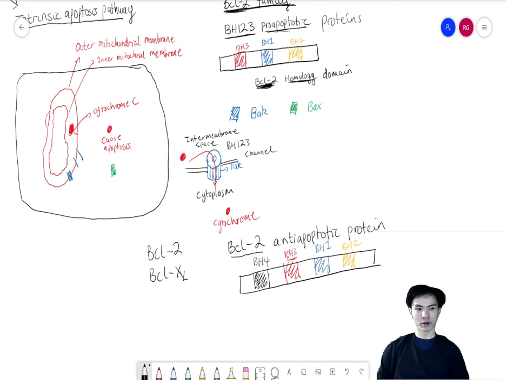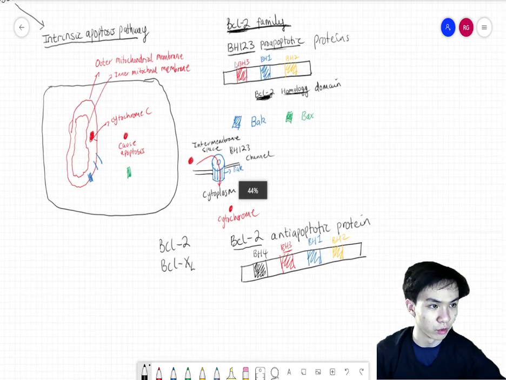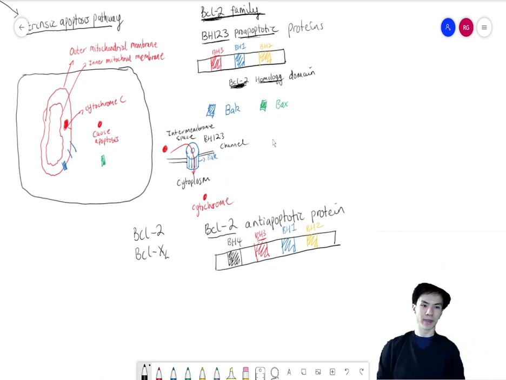Okay, so now let's talk about what the BCL2 anti-apoptotic proteins are going to do. To prevent your BH3 123 pro-apoptotic proteins from forming these aggregates and pores in the outer mitochondrial membrane, our BCL2, which we're going to represent in yellow, and BCLXL, which we're also going to represent in colored-in yellow because they have the same job, are going to bind to your Bax and your Bak, and they're going to sequester them.